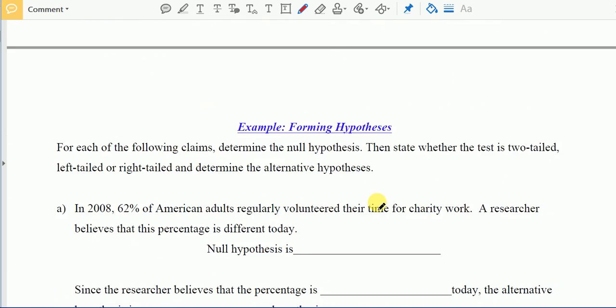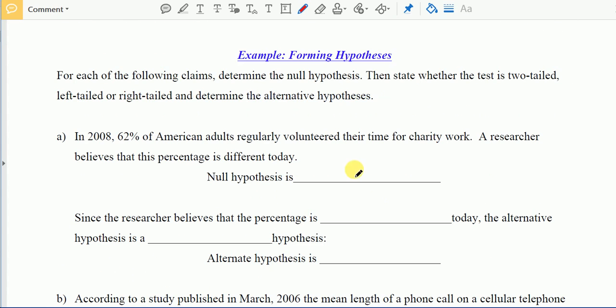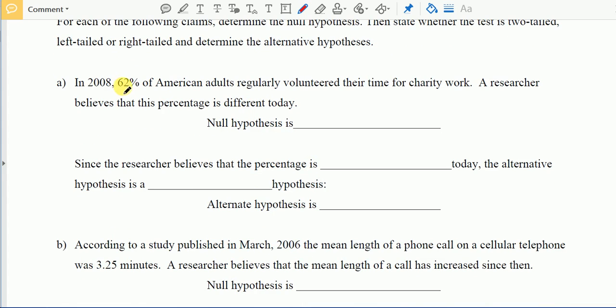Now let's go to the third example, forming hypotheses. For each of the following claims, determine the null hypothesis. Then state whether the test is two tails, left tail or right tail, and determine the alternative hypothesis. We are given that in 2008, 62% of American adults regularly volunteered their time for charity work. Researchers believe that this percentage is different today.